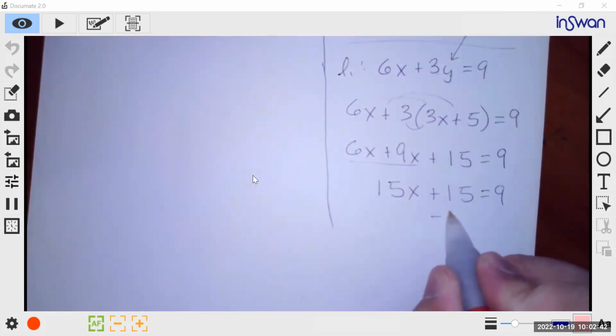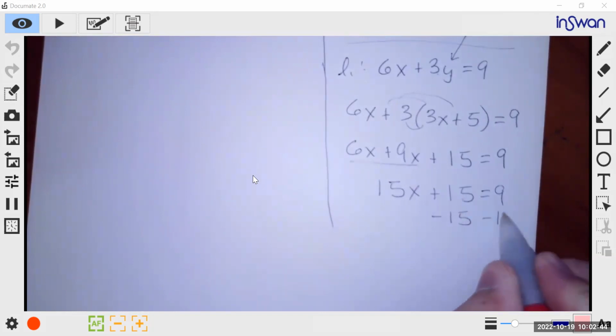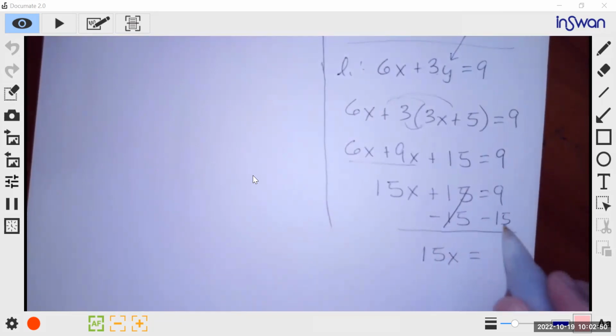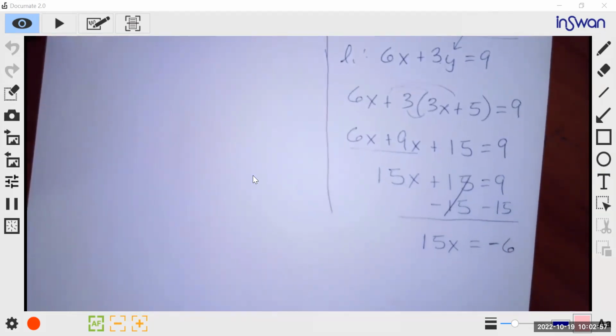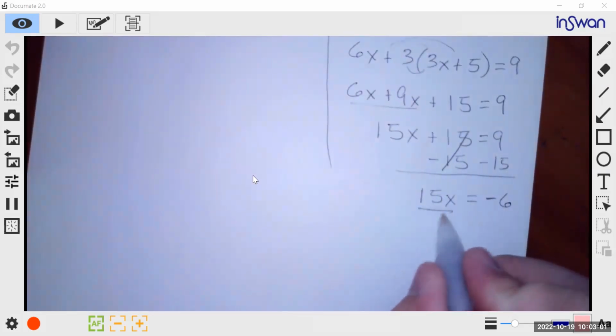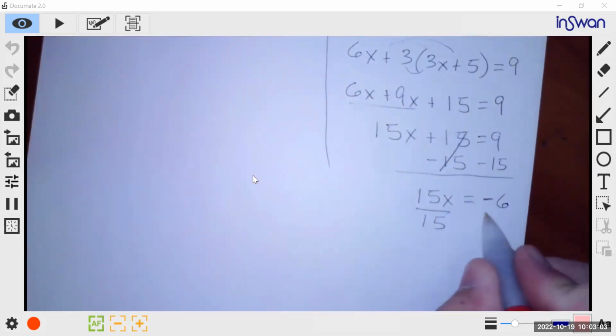Get rid of the 15, so subtract 15 from both sides. 15x equals, so 15 is bigger, so it's negative, 15 minus 9 is 6. Divide both sides by 15.